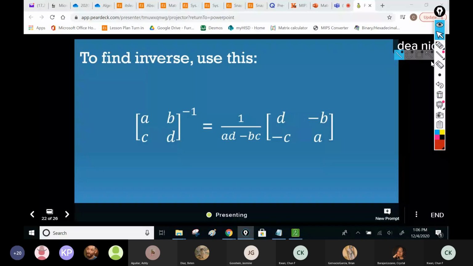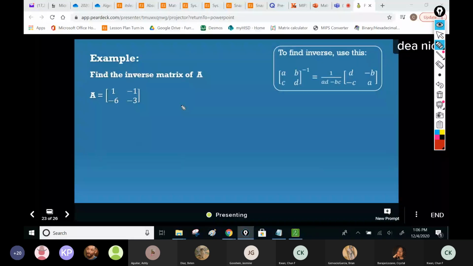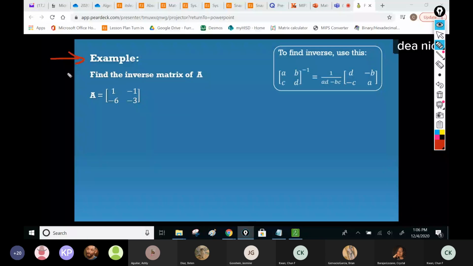All right, so let's take a look at an example, and you'll know exactly how to use this formula. Example: I want you to find the inverse matrix of matrix A. I'm giving you matrix A right here, and I want you to find the opposite of it, the inverse of matrix A. And we will use this formula right here.